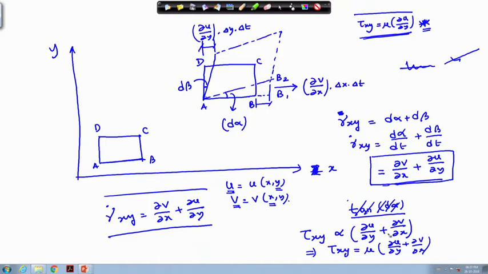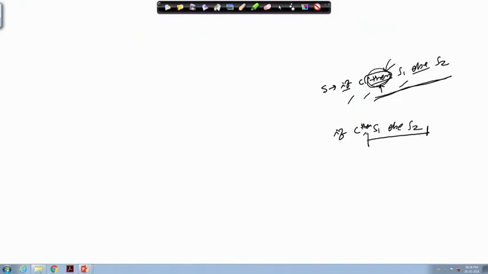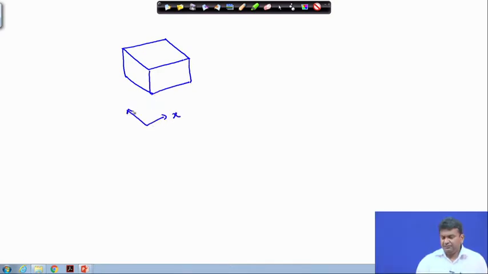For a more generic one, if one really talks about a 3D flow field and the 9-component stress tensor and all these things people talk about, in a 3D flow field the reality is, and you can understand it very nicely now, that tau x y and tau y x have virtually no difference, because all you are trying to do is, if you have a flow field like this, and this is the coordinate system, we now understand that your shear stress is trying to deform an xy plane.